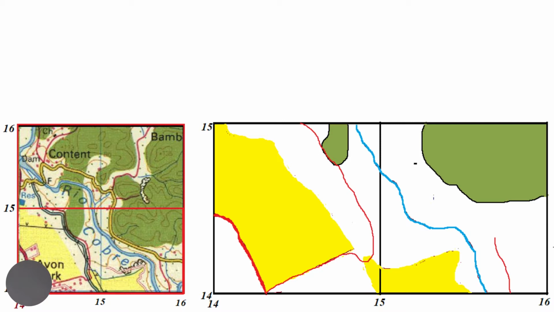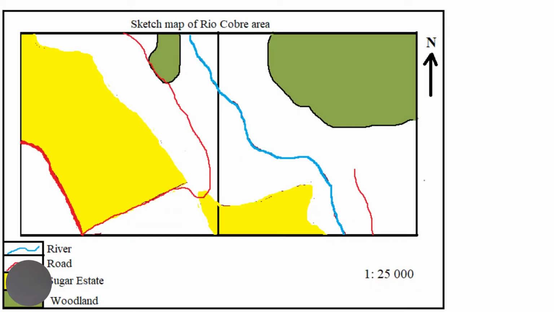After putting these features in with pencil, we will then use appropriate colors to represent each of the features. Next, we will finish up by putting in our map elements.